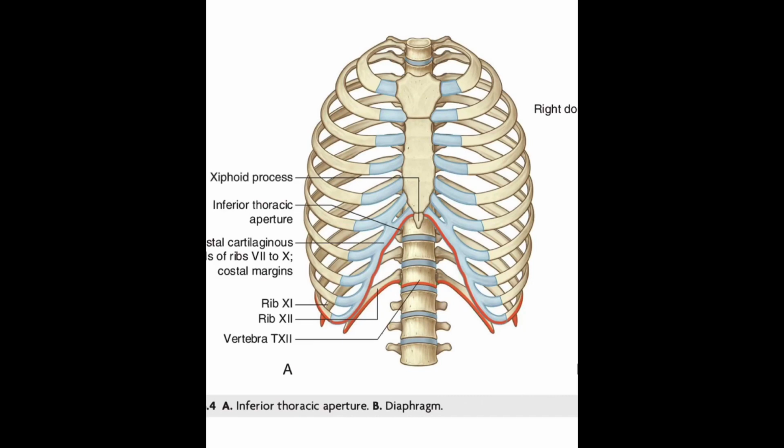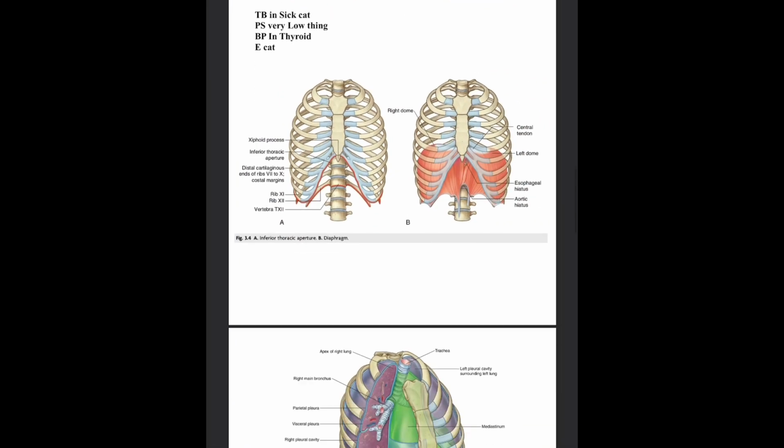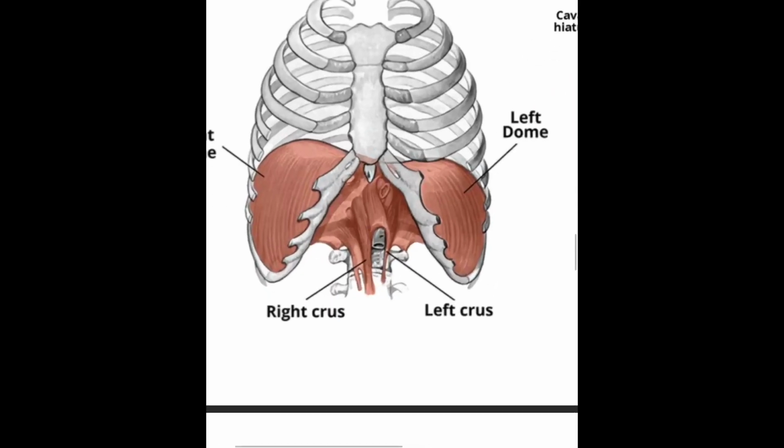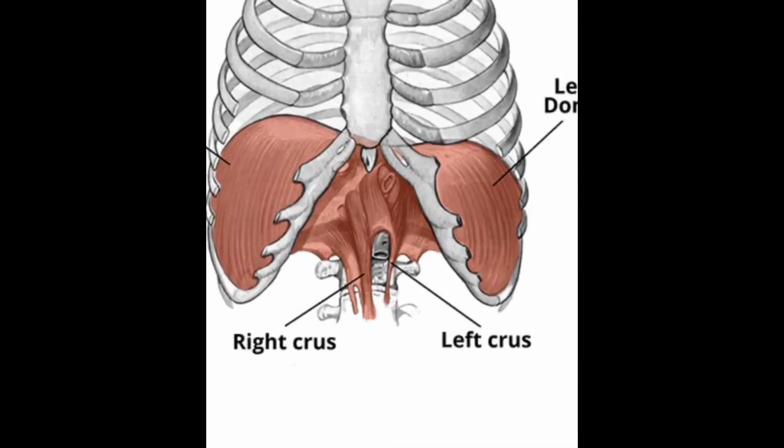The word crura means leg in Latin. They have a leg-shaped appearance. Let me show that for you. This is the right crus and this is the left crus. It looks like a leg. So in Latin, crus means leg.